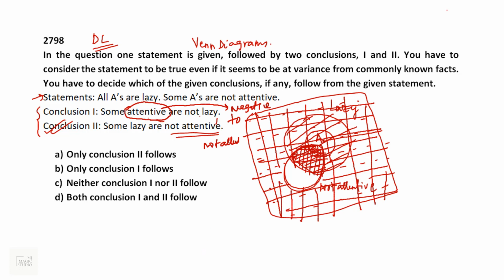Then some attentive are not lazy, and this was the set of lazy people. So we can see we have common area to attentive and lazy people. The area outside the lazy area is not lazy people. So not lazy people and attentive people have something in common. Some attentive are not lazy. Conclusion 1 will also follow. Here both conclusion 1 and 2 follow.